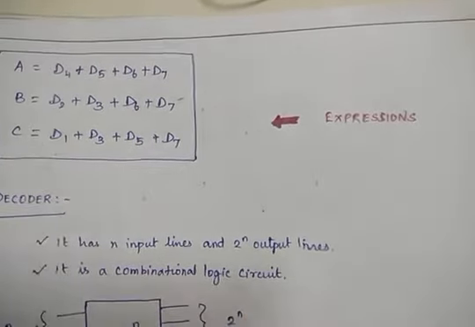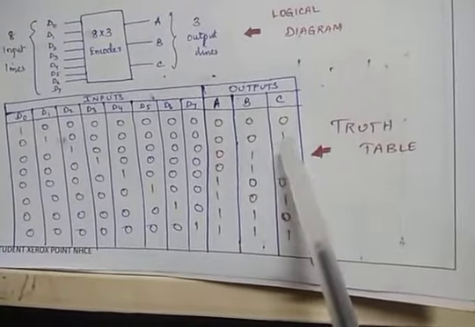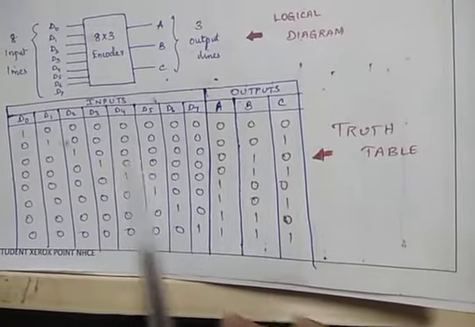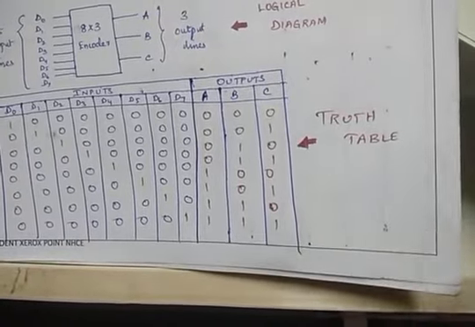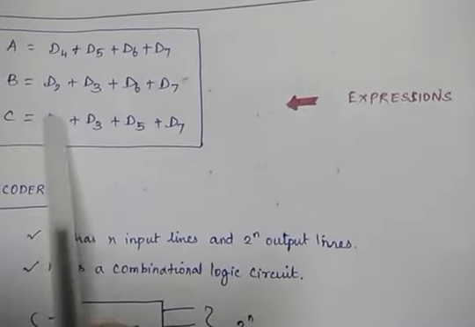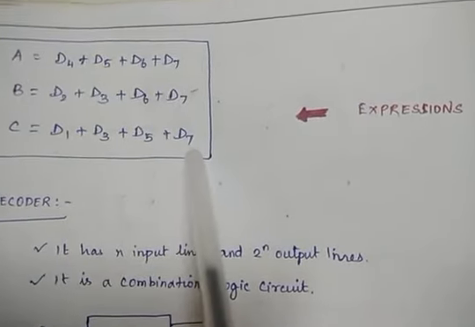Similarly for C, in this table it is enabled alternately. When D1 is enabled, C is 1. When D3 is enabled, C is 1. When D5 is enabled, C is 1. When D7 is enabled, C also equals 1. So we got C is D1 plus D3 plus D5 plus D7.